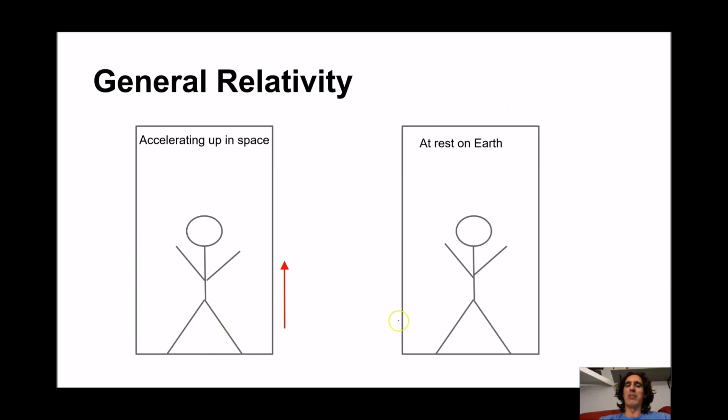So if you're at rest on Earth, or if you're accelerating upwards in outer space at g, you're going to feel the exact same thing. So there's no difference of being in a gravitational field on Earth or accelerating upwards in outer space with a 0 gravitational field. These two scenarios are also the same.